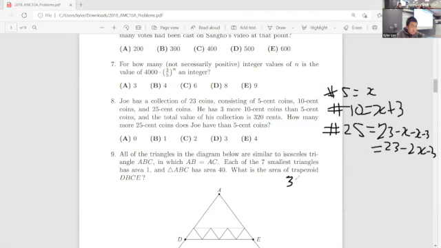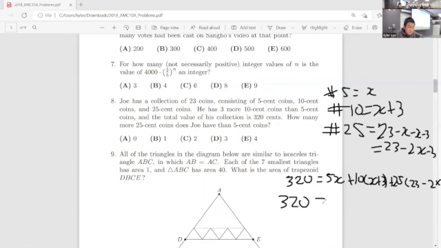So 320 equals 5x plus 10 times x plus 3 plus 25 times 23 minus 2x minus 3. Yeah, so 320 is equal to 5x.